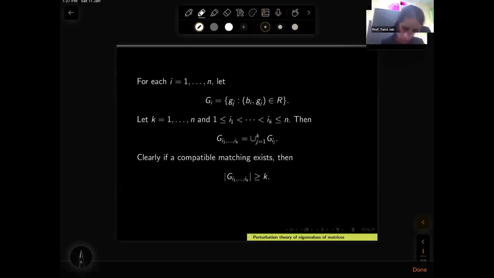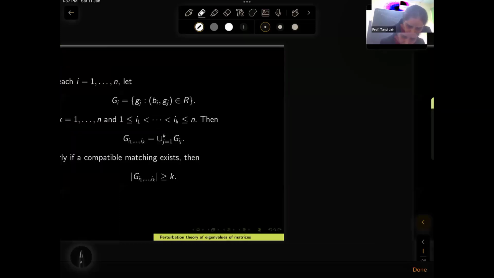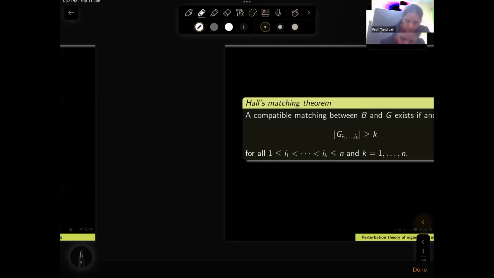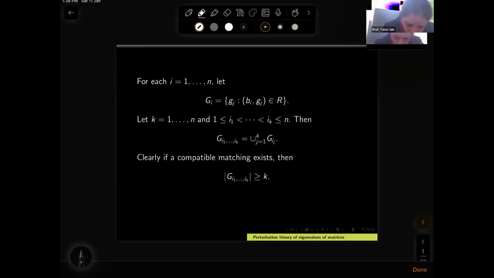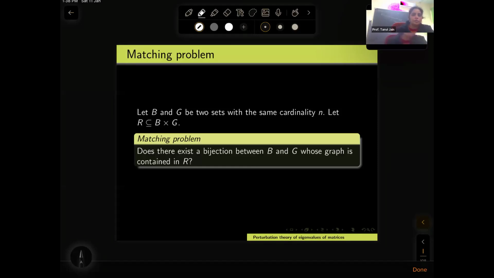Now we will be going to prove this. Before that, as we have the optimal matching distance, what are we looking for?